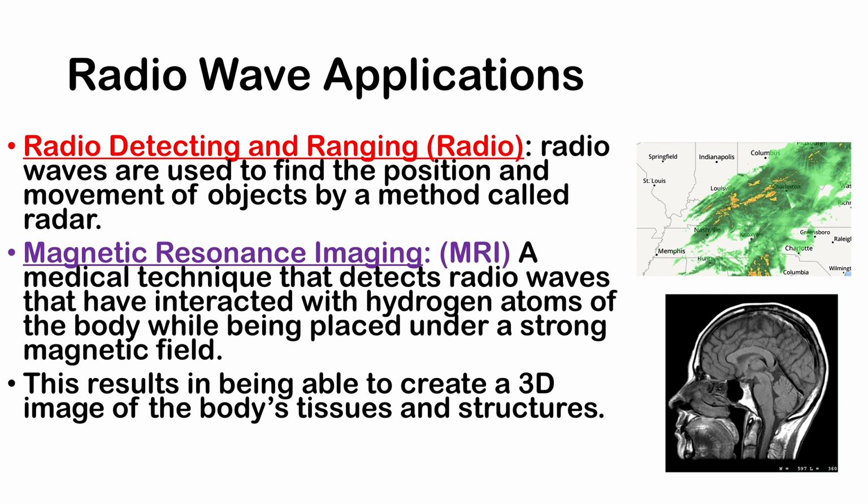Basically, they put you under a strong magnet, and it lines up all your atoms in a certain direction, and then they bounce radio waves at you, and it causes your hydrogen atoms to tip in a direction, and we can detect that, and then it lines right back up to the magnetic field. As we're tapping it with the radio waves and it comes back, we can measure those waves and transform them to an image. A lot of mathematical processes involved, but really neat stuff.